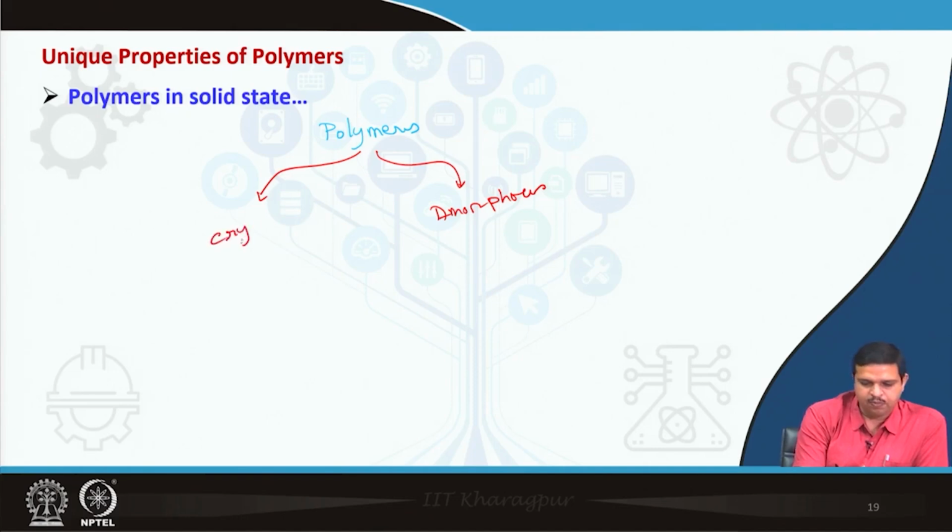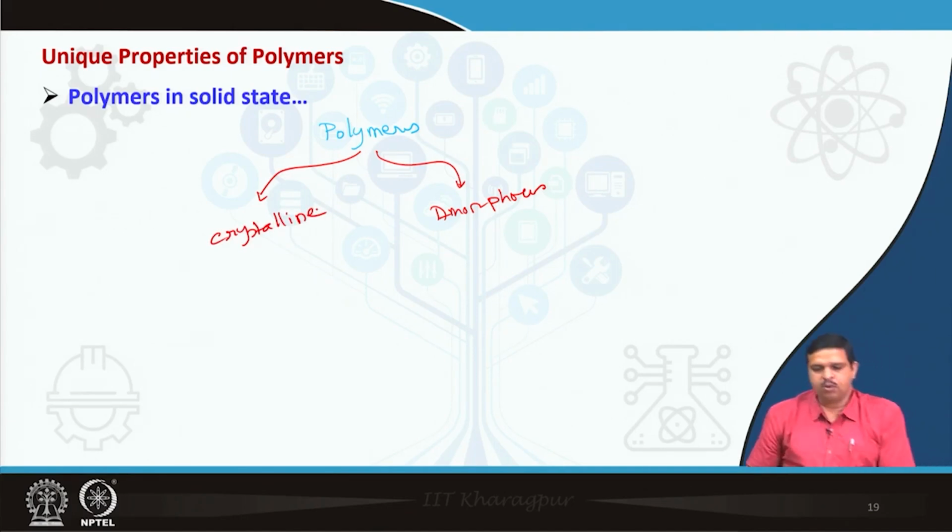Similarly, in the crystalline state, the molecules are ordered like this one. If these molecules are not ordered, then how will the scenario be?